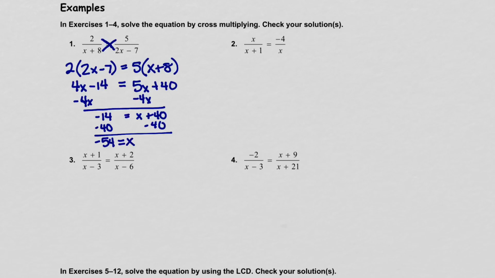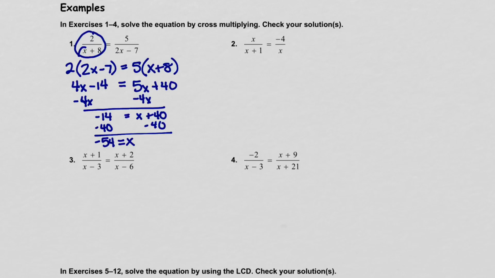We do have to check that this works, because it always says check your solutions. The main thing you're checking for is that your denominator doesn't become 0. You can plug in x, the negative 54, into a calculator and see what you get for each side, but you always have to put the denominator in parentheses, and check that the two sides are equal.